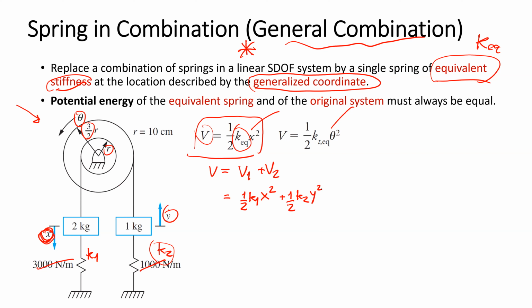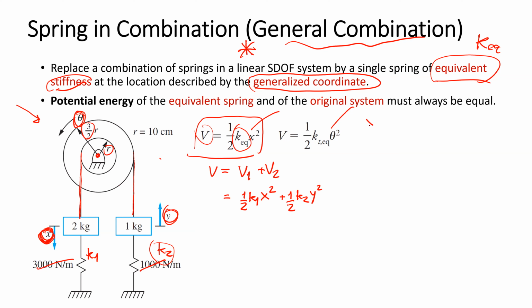We have the kinematic constraint. Kinematic constraint means x can be described by theta and y can be described by theta, because we don't have a deformable component here.